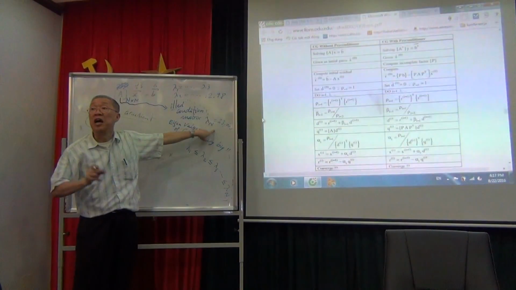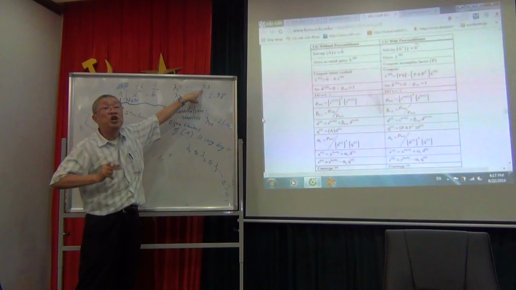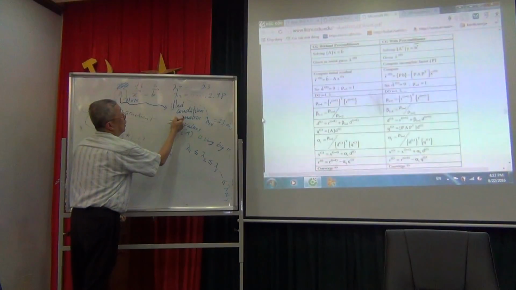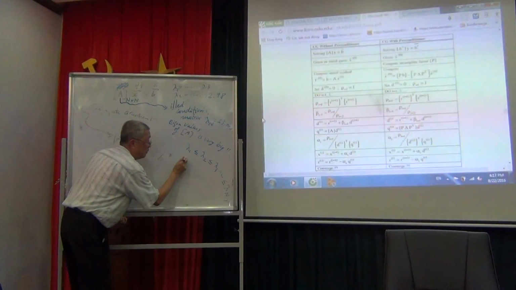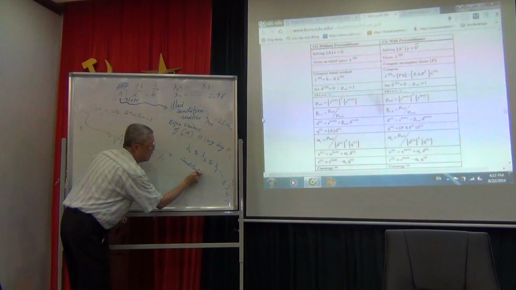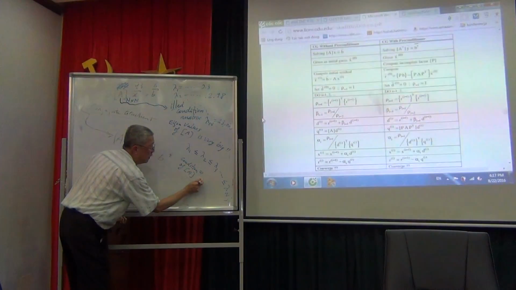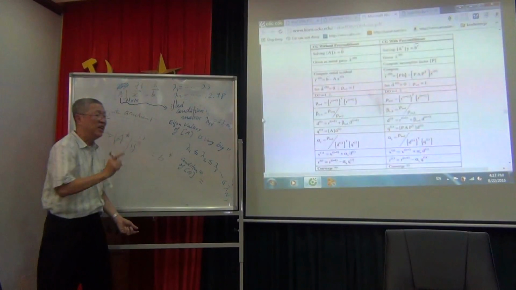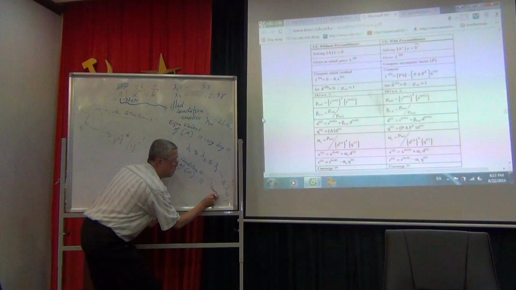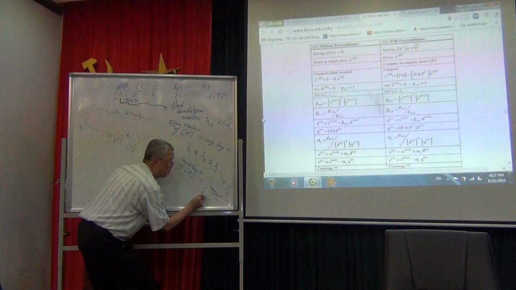So this is the largest eigenvalue, and this is the smallest eigenvalue, agree? So the condition number of a matrix A is equal to what? The largest eigenvalue divided by the smallest eigenvalue.